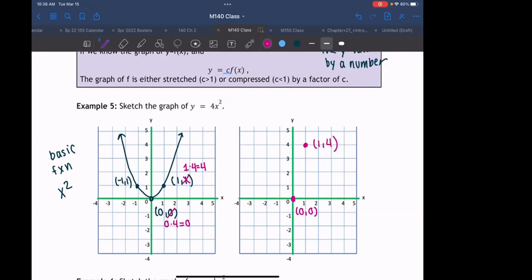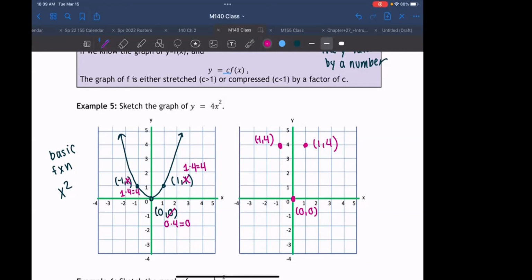Does everyone kind of see what I did there? Okay, the third point, I'm going to cross out the positive 1 and replace it by 1 times 4, which is 4. So negative 1, 4 is my third point. Okay, so you're taking the y value and replacing it with the y value times the number.